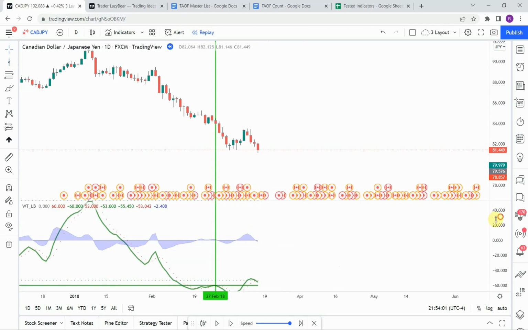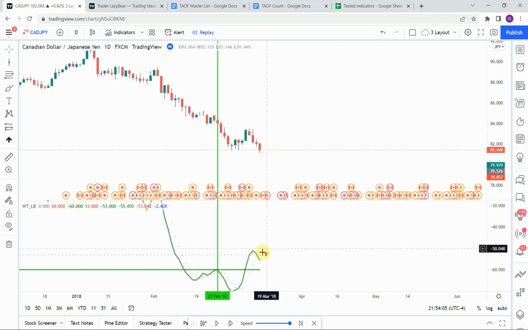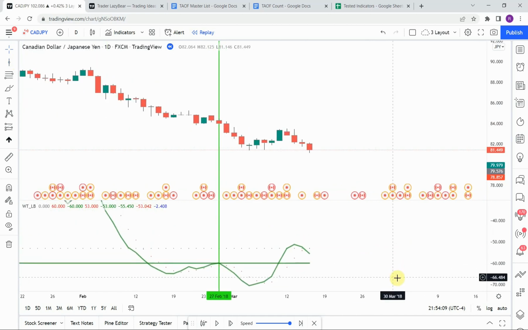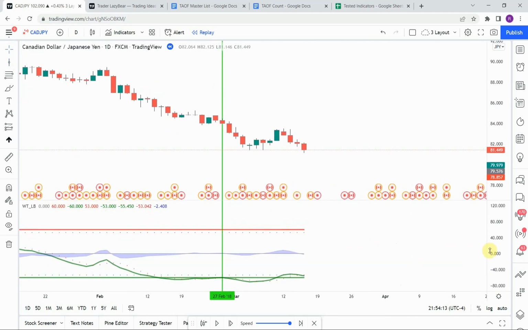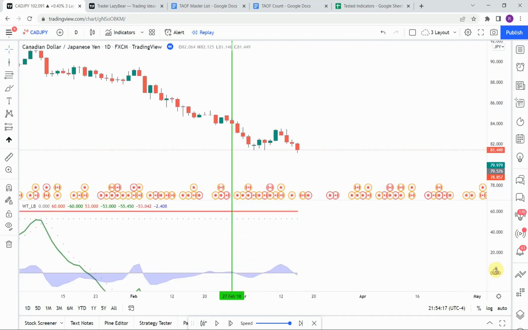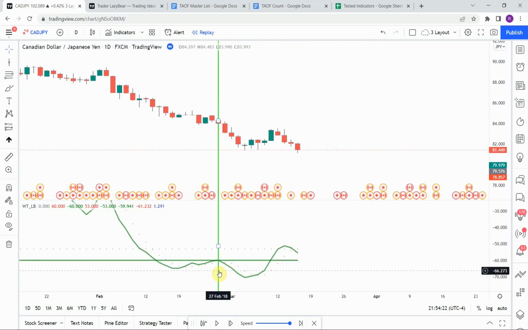All right, so that was a little bit hard to see there, which is why it took a little while for me to determine whether or not we got our cross. So we get the green oscillating line here that crosses down below that lower green line, and then we get a cross to the upside just barely right here on this candle.